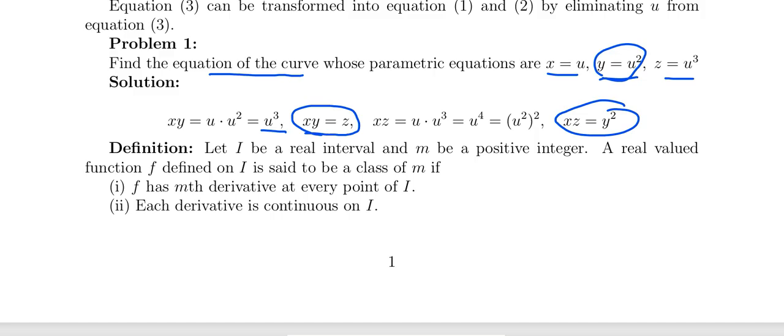A real valued function f defined on I is said to be class of m அப்படின்னு சொல்லலாம், if f has mth derivative at every point of I, and each derivative should be continuous on I. That is called the class of m அப்படின்னு சொல்லுவோம்.